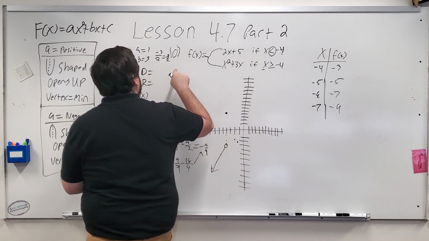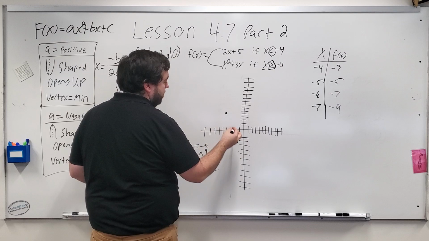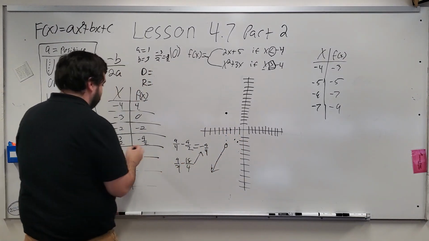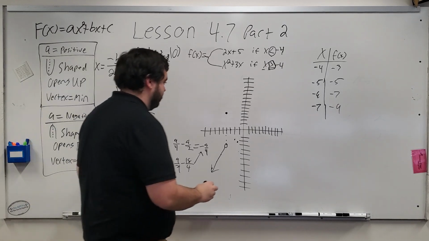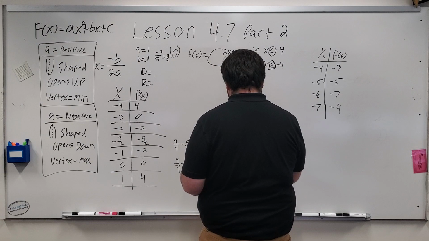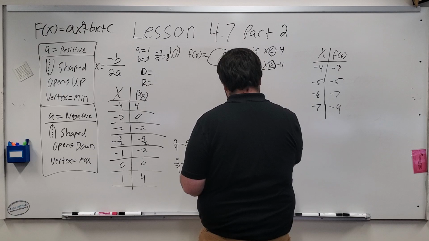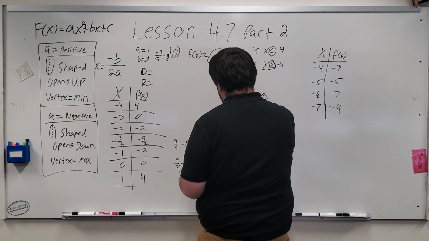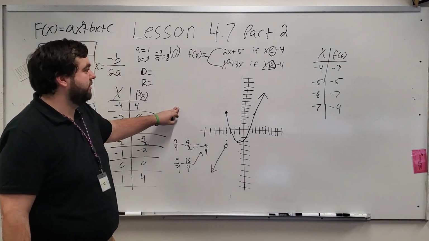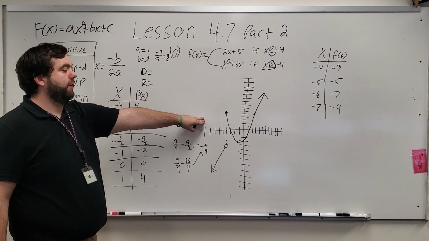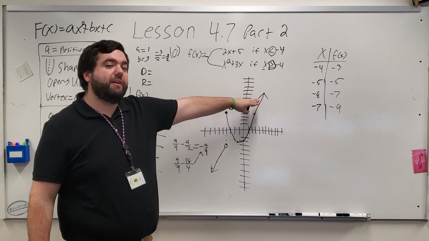And now, because of this, it gets a closed circle. Okay? And then conveniently, because that is a half, this is going to work out to be exactly the same. So I go here, I go here, and I go here, and draw my vertex, but I stop at that dot, right? Because my domain for my x squared, my quadratic, doesn't go any further left, so it stops at that dot, but that side does get an arrow.